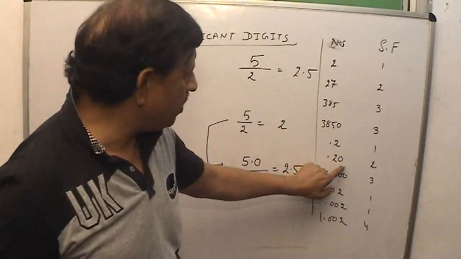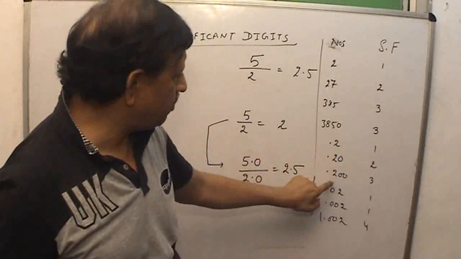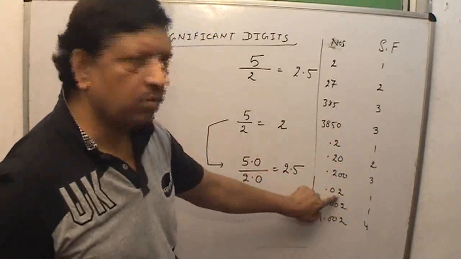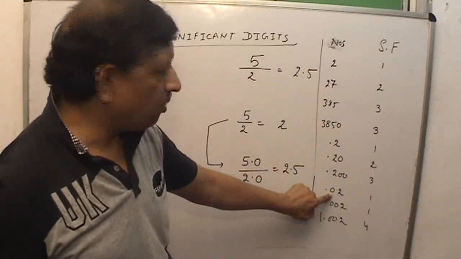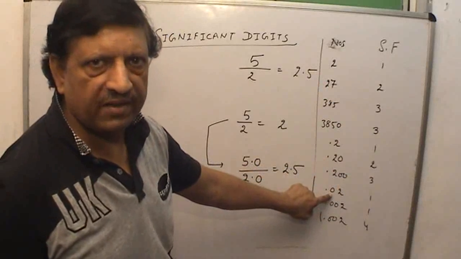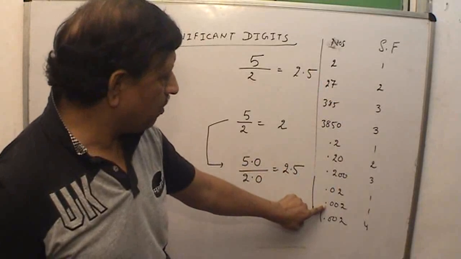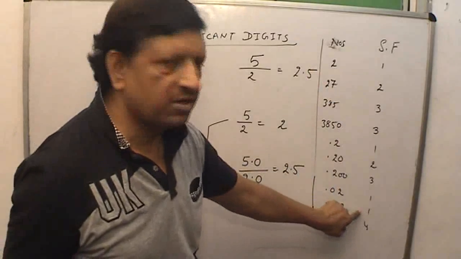0.21, 0.20, it will be counted. 0.200, it will be counted, 3. 0.02, only 1. This 0 will not be considered by the system. Similarly, 0.002, its significant digit is 1.